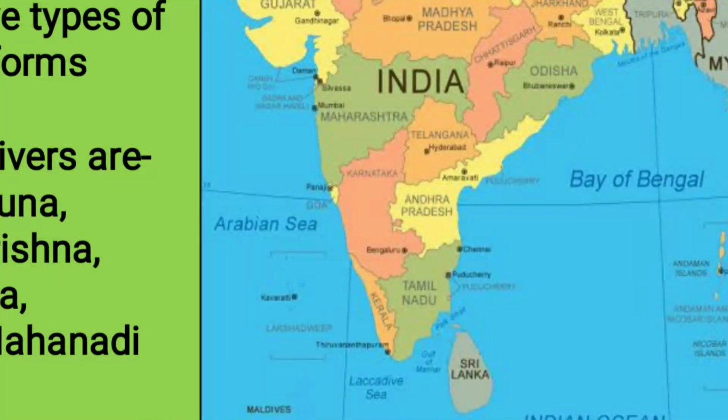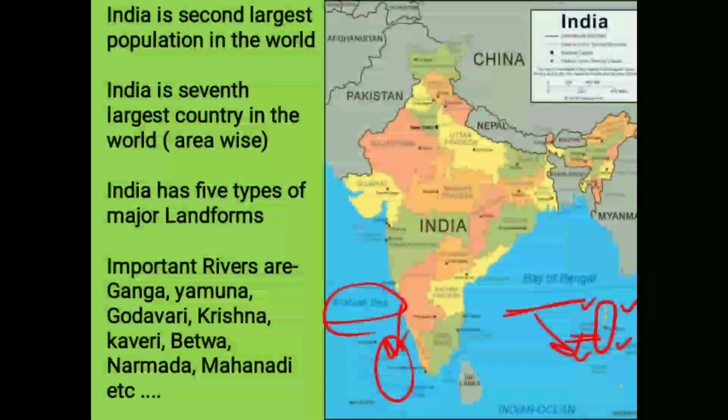In the Bay of Bengal we have Andaman and Nicobar. So this is the Bay of Bengal, we have Andaman and Nicobar, and this is the Arabian Sea, we have Lakshadweep.